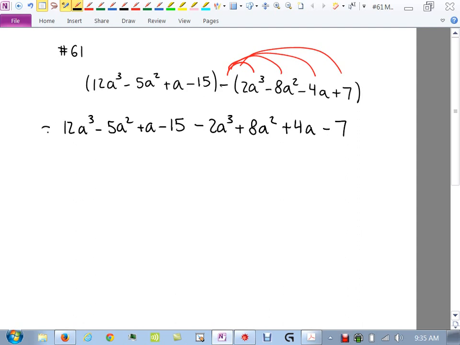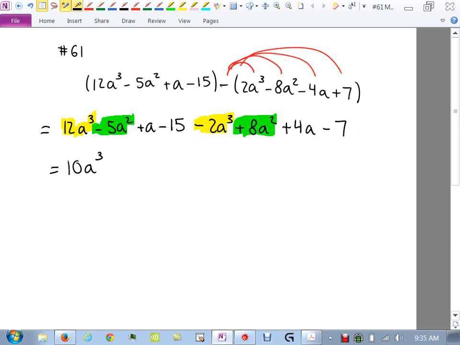Okay. And after that, you just collect all your like terms together, right? So my like terms, I've got some a cubes here. 12a cubed minus 2a cubed is how many a cubes? 10, right? You don't do anything with the a cubed. It stays a cubed. And then my a squareds, I have negative 5a squared. I've got a positive 8a squared.